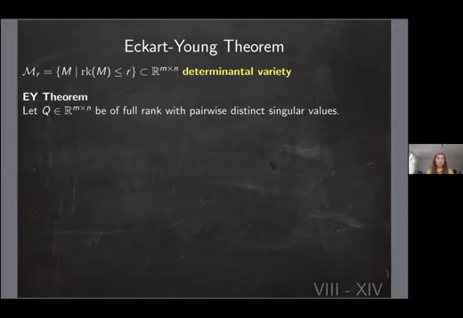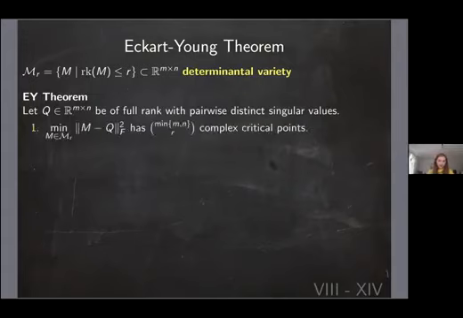This is always going to be true when you pick a random matrix, with probability 1. Then for this optimization problem, finding the closest point on the determinantal variety to Q, we know how many complex critical points it has. That's the Eckart-Young theorem. It's this nice, beautiful binomial coefficient. This coefficient is exactly the Euclidean distance degree of the neuromanifold.